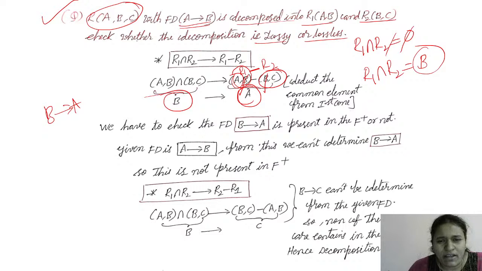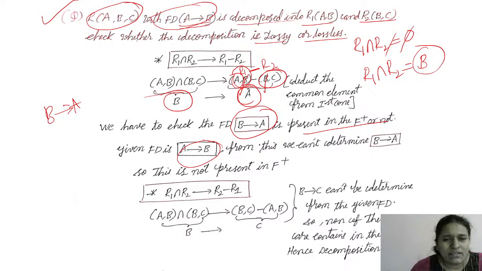We have to check whether B to A is present in the F plus or not. Only A to B is there in the F plus. B to A, we cannot get from A to B, right? So this is not present in F plus. Next we will see R1 intersection R2, R2 minus R1.